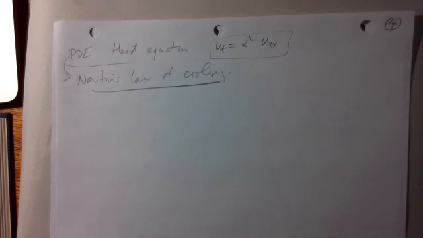And what Newton's law of cooling says is that the rate at which a body changes temperature is proportional to the difference between its temperature and the temperature of the surrounding medium.